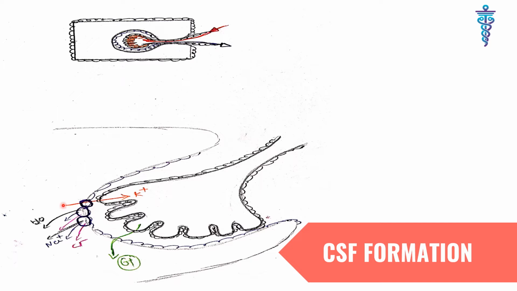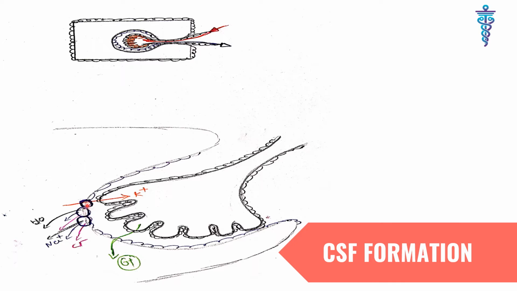For a few substances, like potassium, transport is from the CSF to the blood. Potassium in the CSF is more than in the blood. The blood CSF barrier only permits certain substances. There are no cells, only less than 5% WBC.